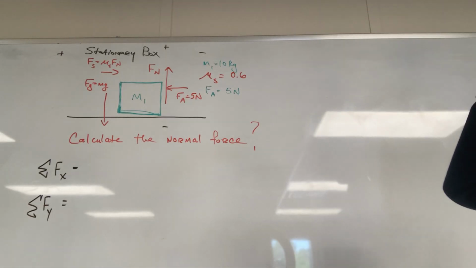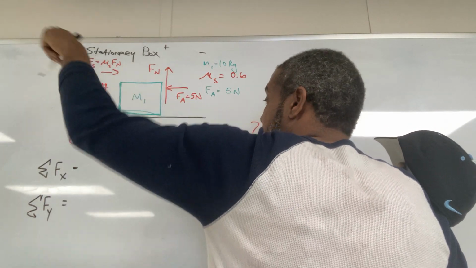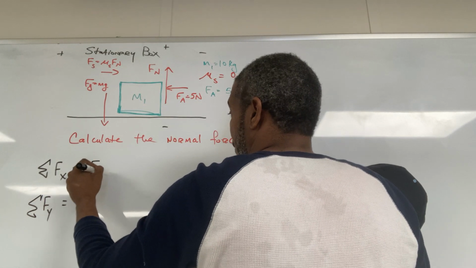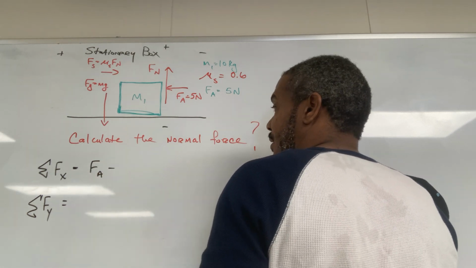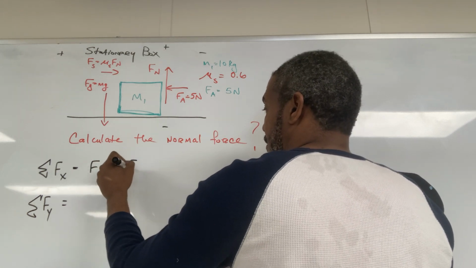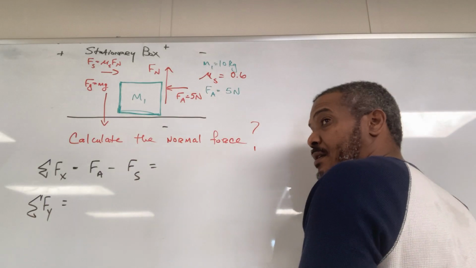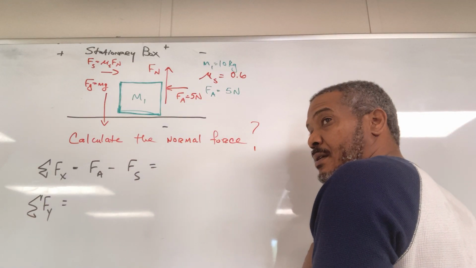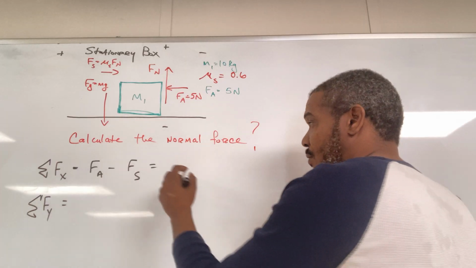So let's go with this, right? So going this way is positive. So we write the applied force first, right? Minus what? Static friction. And that equals to what? It's a stationary box. Zero.